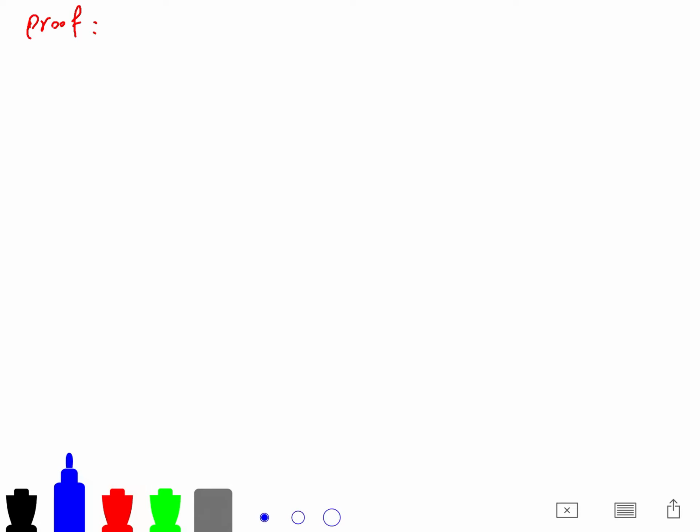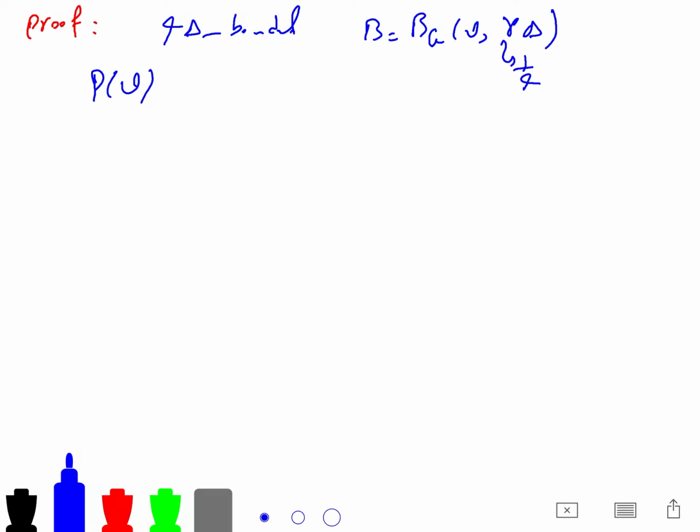So the proof of the main theorem that Arnold has proved is, he showed that by claim 1 we can create a distribution over a strongly 4 delta bounded partition, and we will argue that the ball B equal to BG(V, gamma delta), where gamma is 1 over 4, is fully contained in P of V, with probability at least e to the gamma log tau.